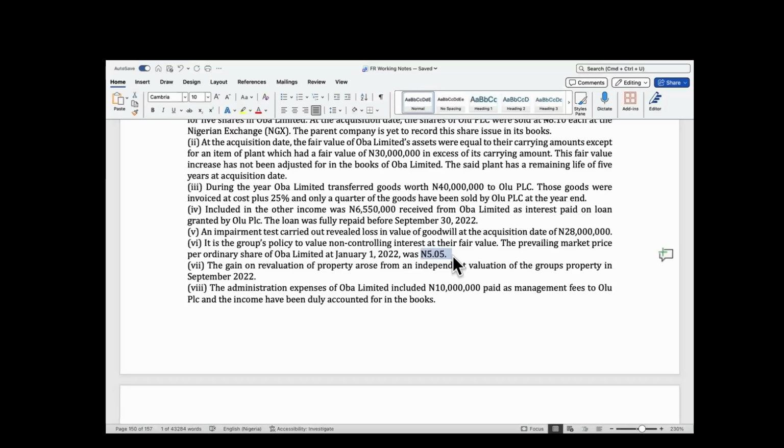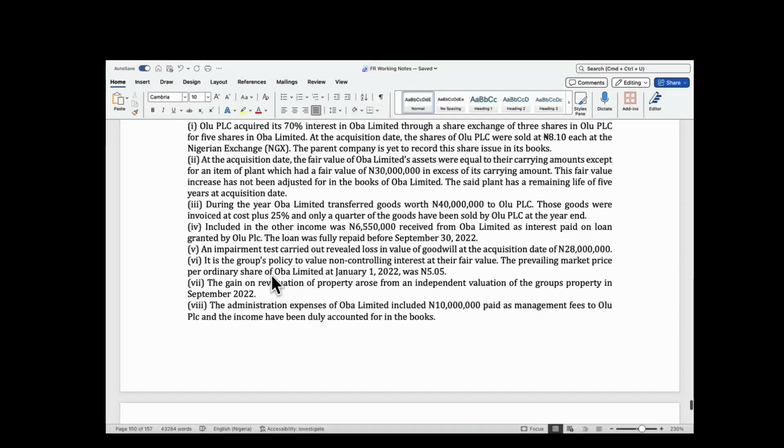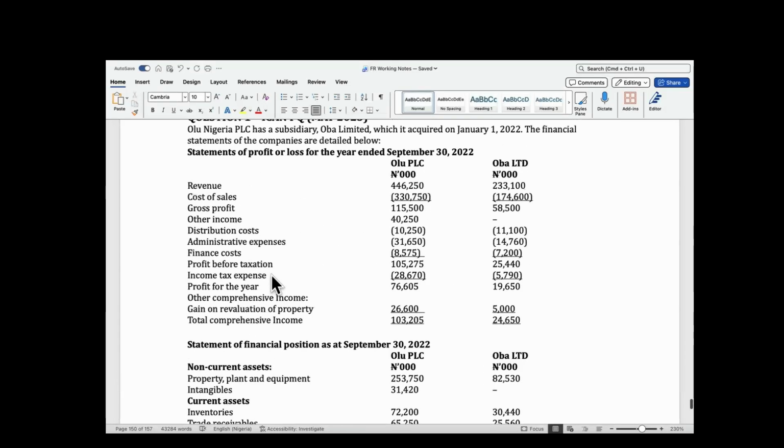We're given that the gain on revaluation of property arose from an independent valuation of the group's property in September 2022. Where is that? Okay, this one.